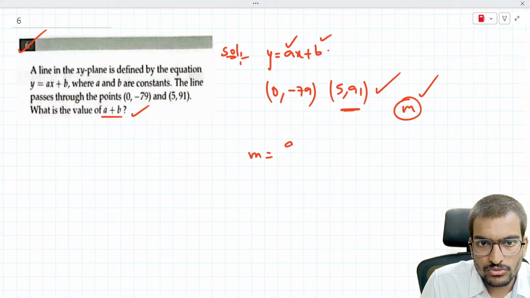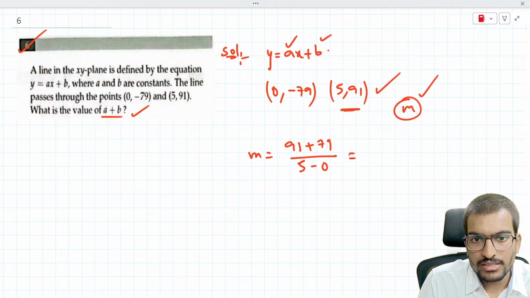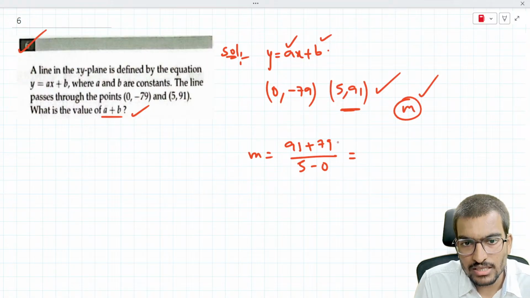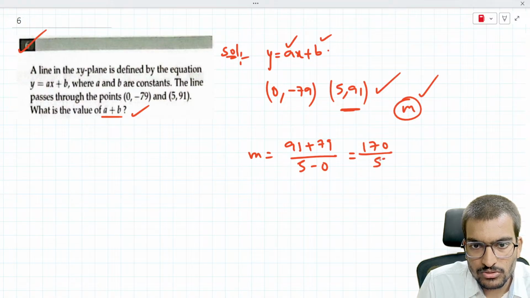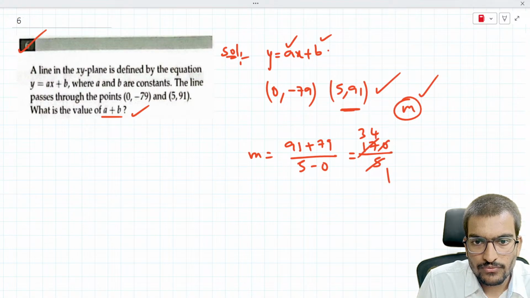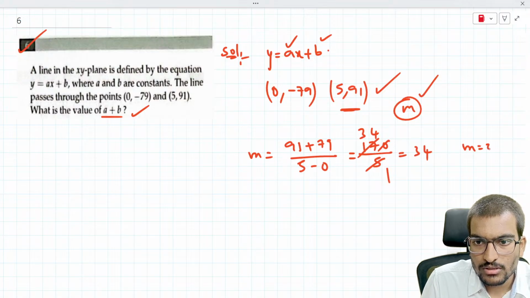I'll get the slope from this. m equals 91 plus 79, change in y by change in x. So that's 170 divided by 5, which is 34. I got slope equals 34.